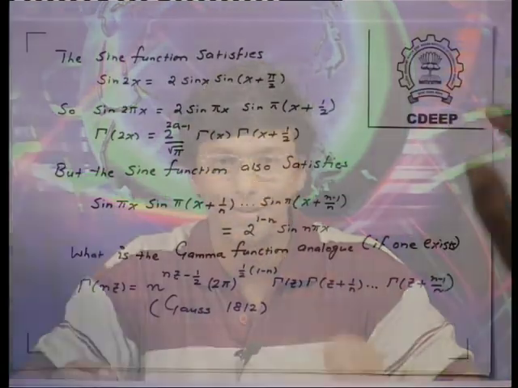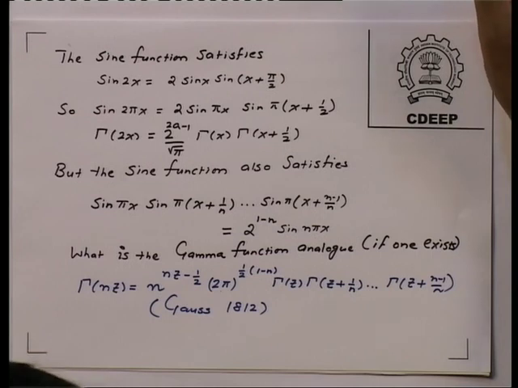But before that, now that we have related the gamma function with the sine function, correct. So, what is the sine function? Sine function satisfies a very interesting identity. Sine 2x is 2 sin x cos x. Cos x can be written as sine of x plus pi by 2. So, instead of writing x, let us write pi x.